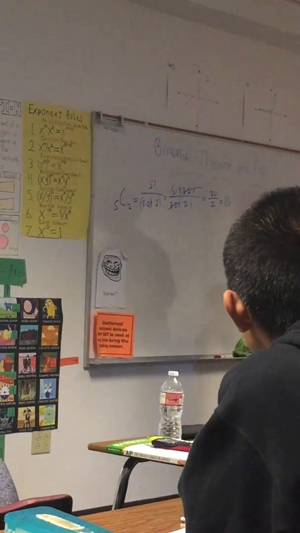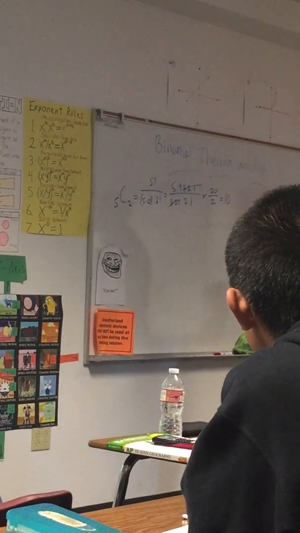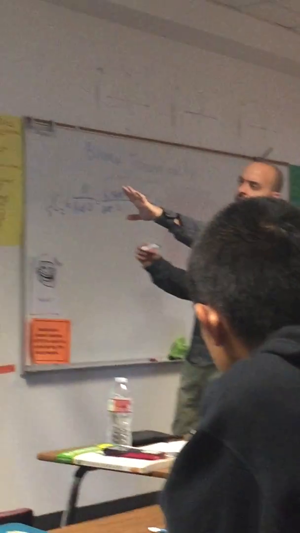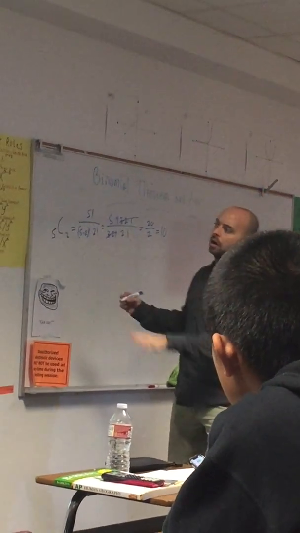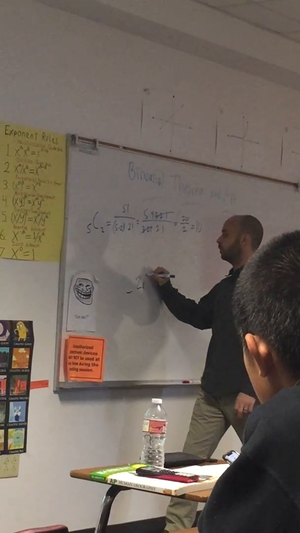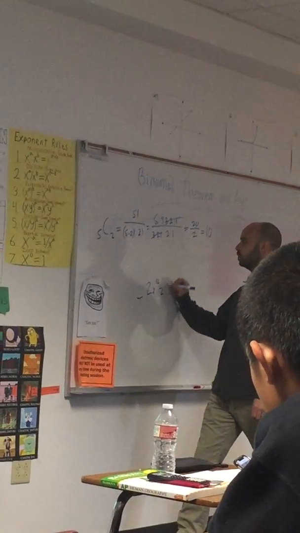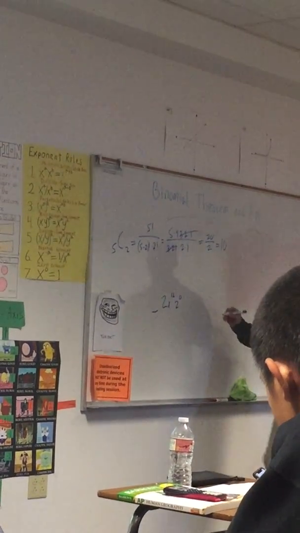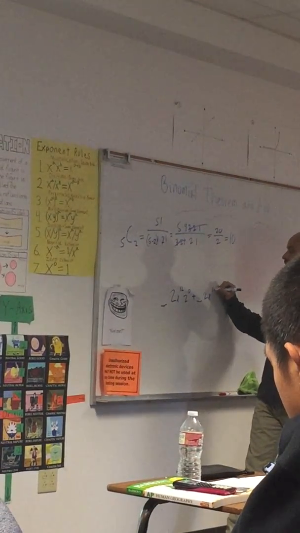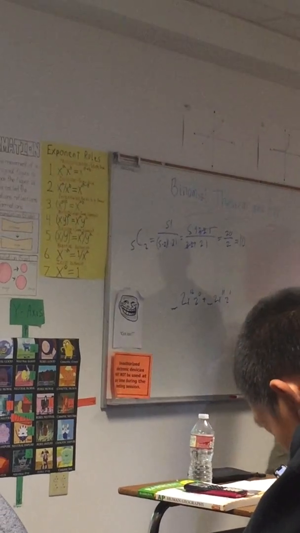Okay, so what this is going to look like is the highest possible exponent is going to be x to the 12th. So it's going to be some number times 2x to the 12th times 2 to the 0, right? And then the next term is going to be some number times 2x to the 11th times 2 to the 1.